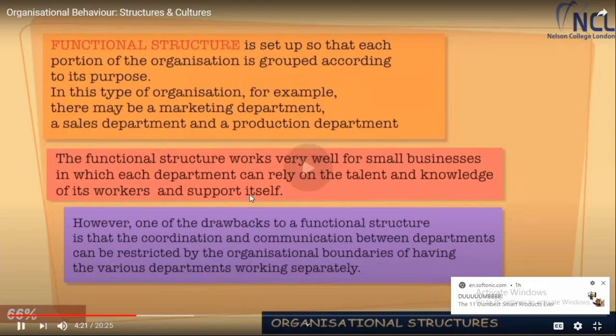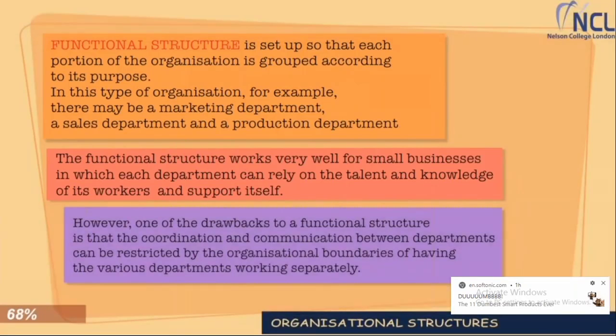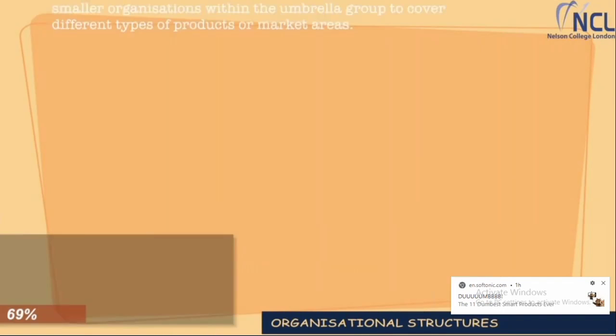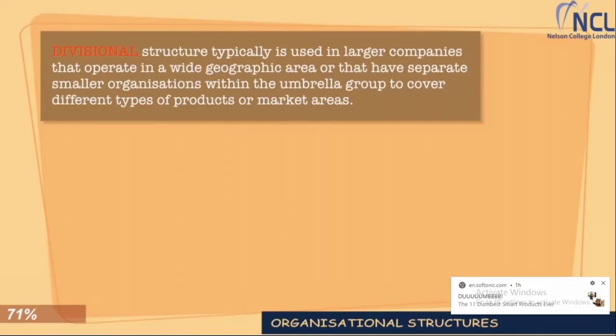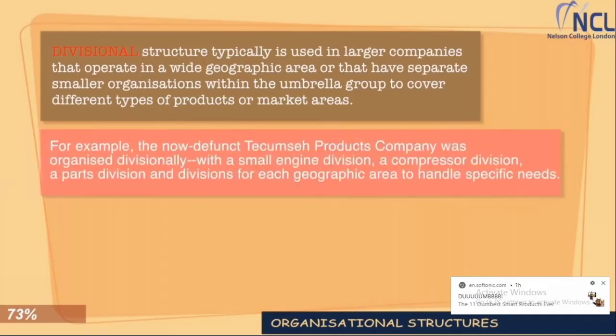I want to further help you classify the first type from the second one, so you don't get them mixed up. Organizational boundaries. Departments working separately. Divisional structure is typically used in larger companies that operate in a wide geographic area or that have separate smaller organizations within the umbrella group to cover different types of products or market areas.